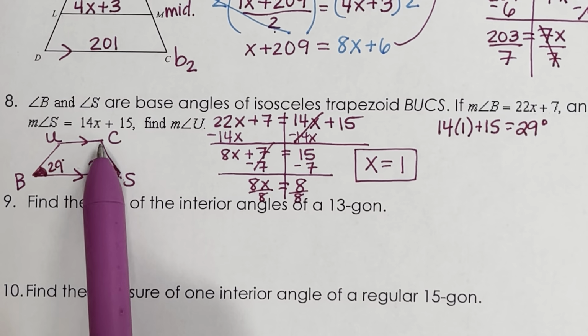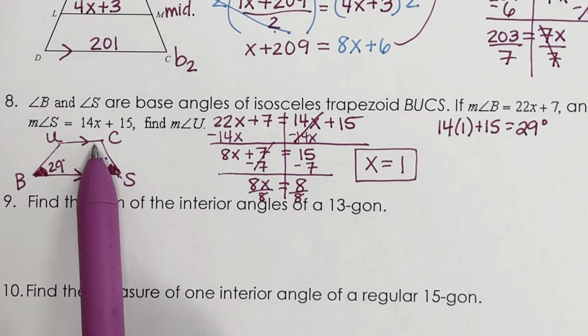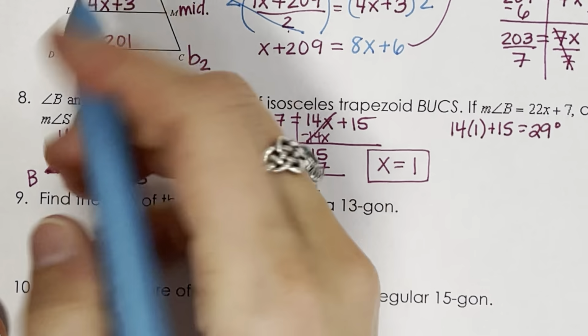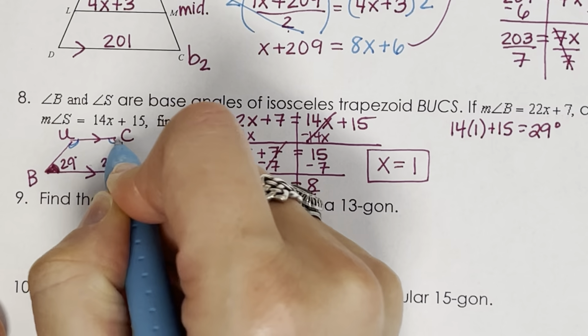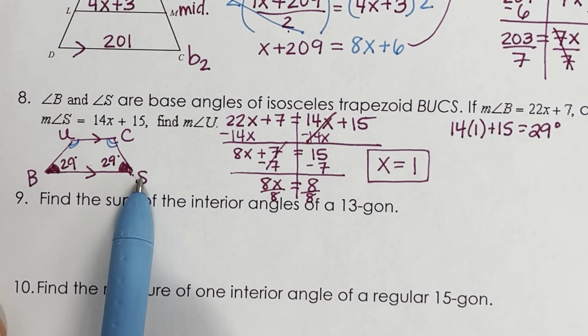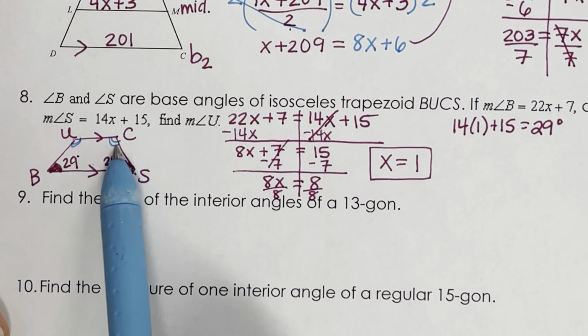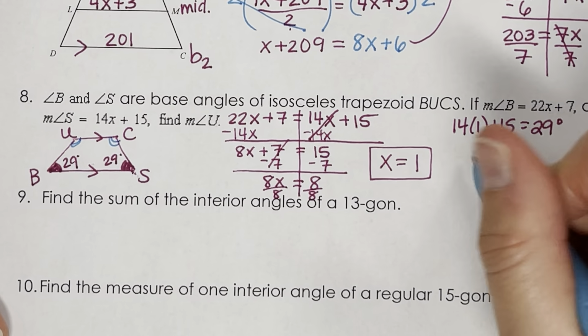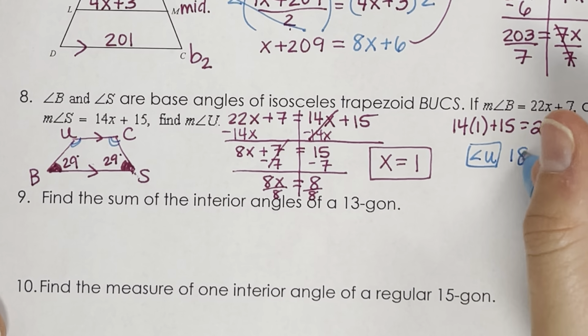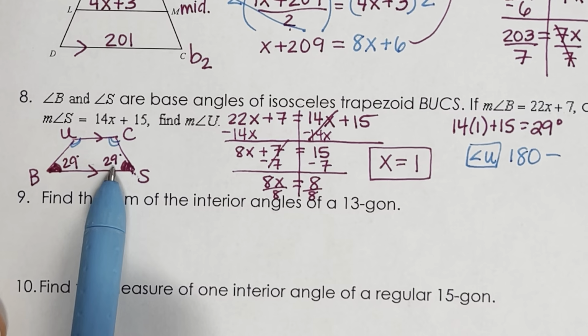Now, to figure out what angle U or angle C are, they're both the same as well. I know that two angles that are on the same leg of a trapezoid should add up to be 180. So to find angle U, I'm going to take 180 and subtract the 29 and that'll tell me what's left over.